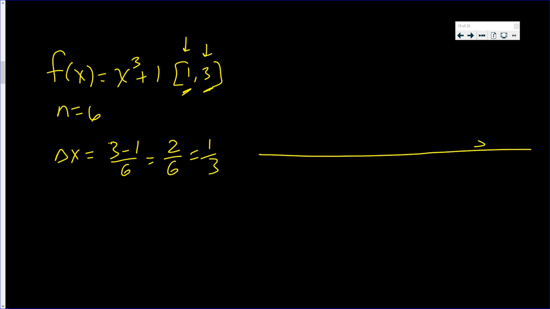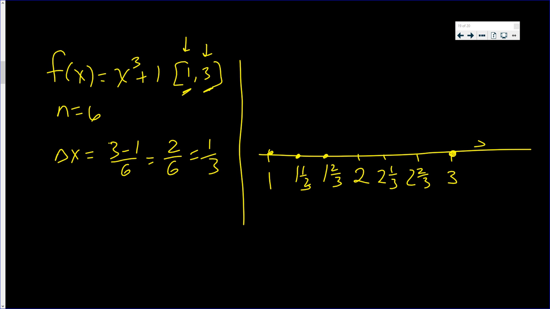So when it comes to the base, this is going to be 1, and then 1 1/3, and then 1 2/3, and then 2, and then 2 1/3, and then 2 2/3, and then 3, from 1 to 3. And the graph, it's a cubic, it looks something like this, just up, up, and away.